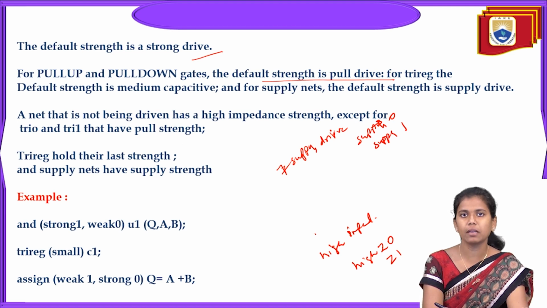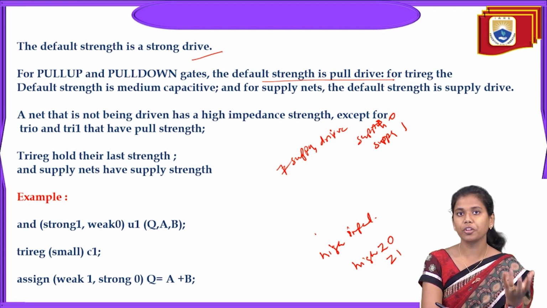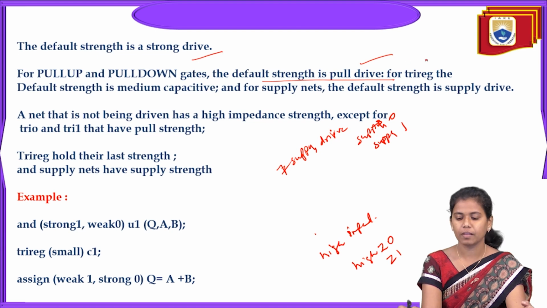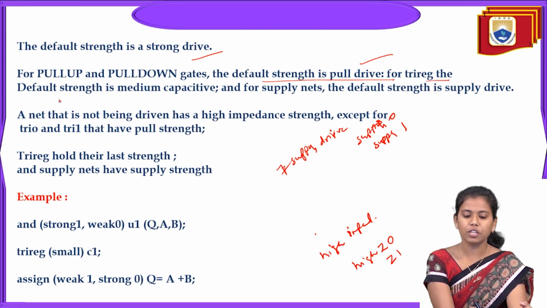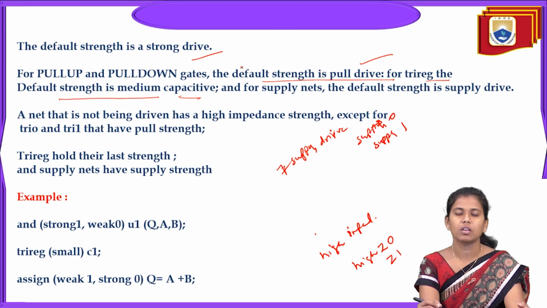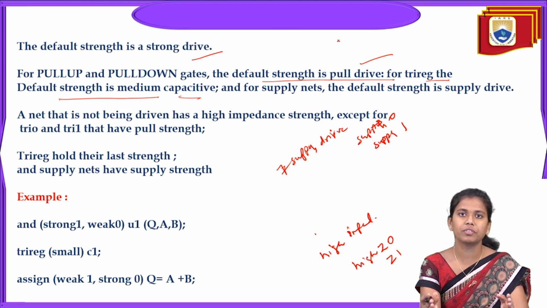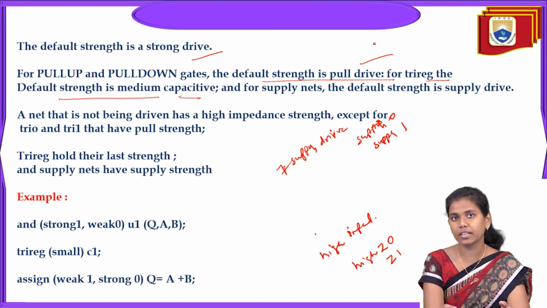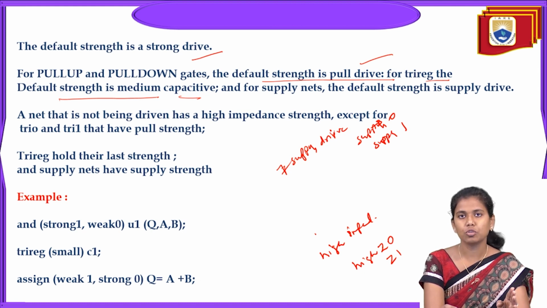For such modules, the strength would be based on the pull drive. Okay. For Trireg, the default strength is medium capacitive. So for the switches it is a pull drive, and for the Trireg nets, the default strength would be medium capacitive.